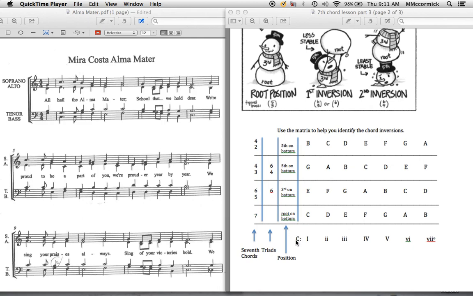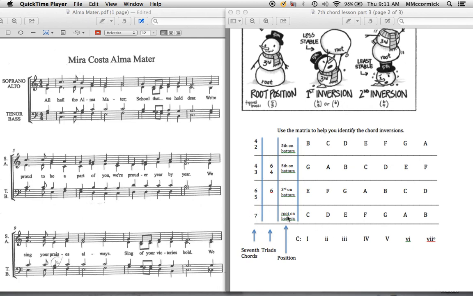So in C major, this chord right here, this first inversion of one chord, would be E on the bottom, and it would be a 1-6, and that's how we would write that. If the fifth were on the bottom, it would be a 1-6-4, right, with the G on the bottom. You can use that to also figure out seventh chords as well.